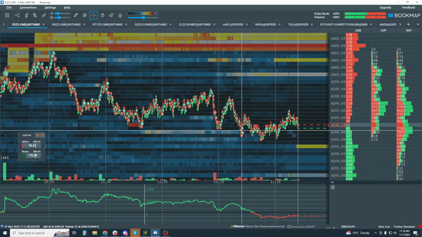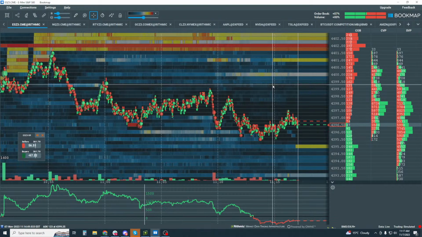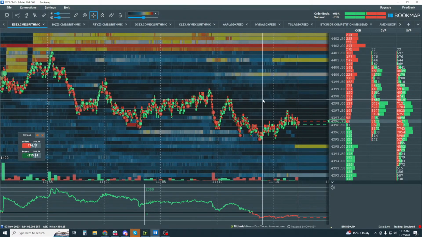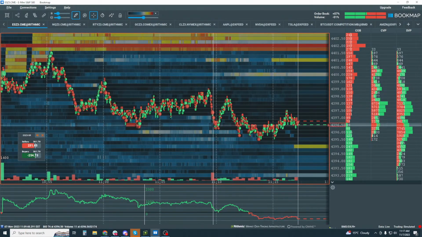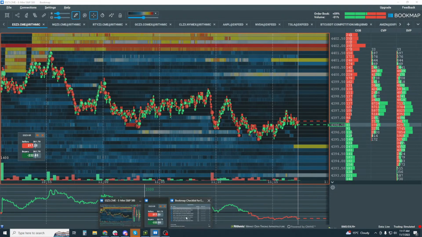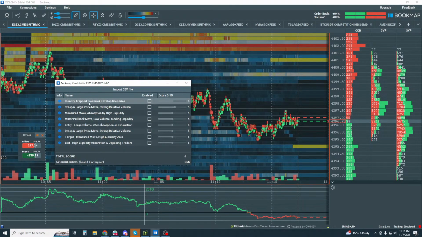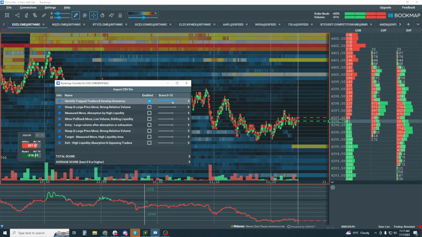It's even better than before. So we're actually kind of hacking the setup in here and looking for these elements, identifying the trap traders and developing scenarios, right? So the scenario actually looks pretty good in here.